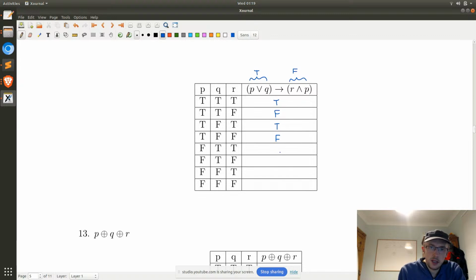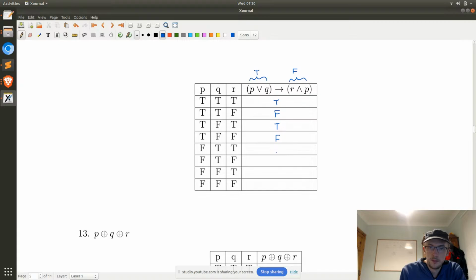Right, so true on the left. Come on. True on the left. False on the right.